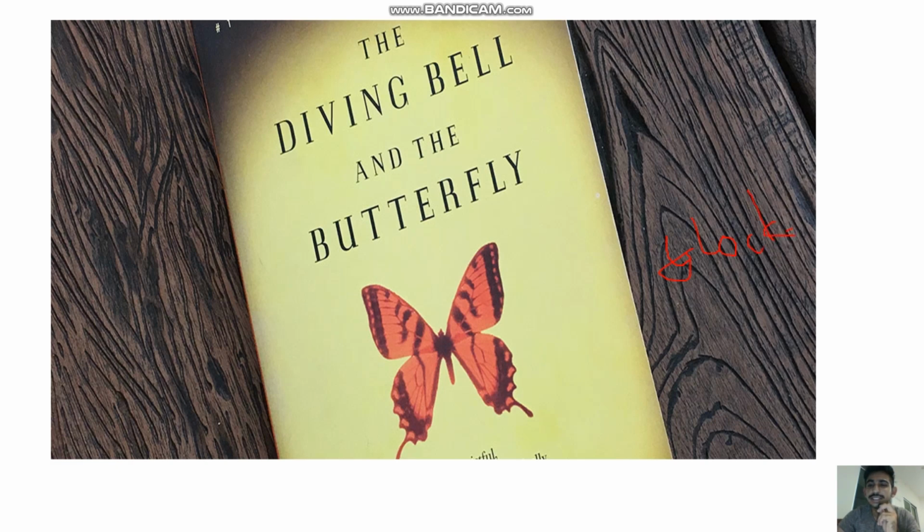All the motor neurons which are responsible for the voluntary movements are degenerated, and only the movement of eyelids is possible. So he wrote this book with the movement of eyelids. He died after publishing this book, and it was a very good book, and I thought that I must tell you guys about this book.